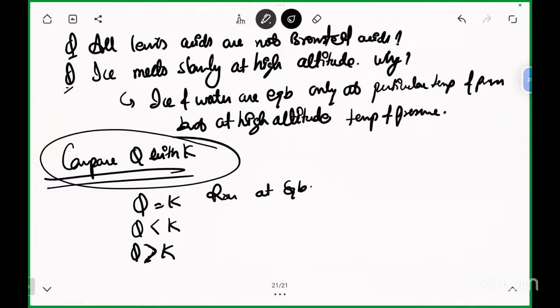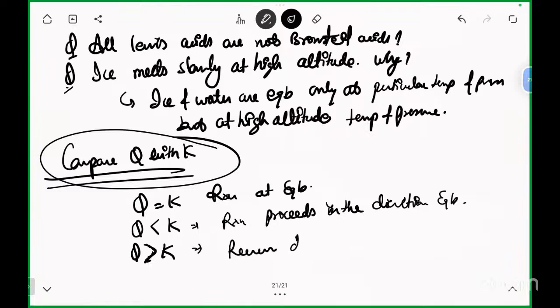If Q is less than K, it means the reaction proceeds in the forward direction. If Q is more than K, it means the reverse reaction of the above one. So just remember this. These are also some sort of questions.